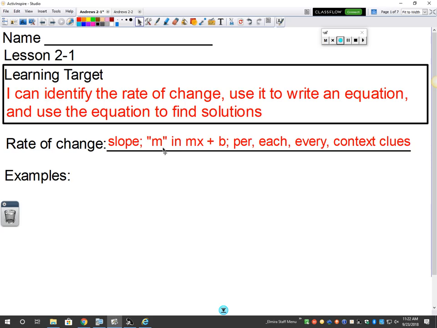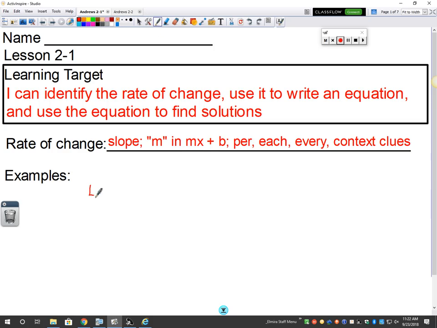It is the m of mx plus b, and you would find it in a word problem with words like per, each, and every. Or it could be context clues. So we hear rates of change in our everyday life all the time.